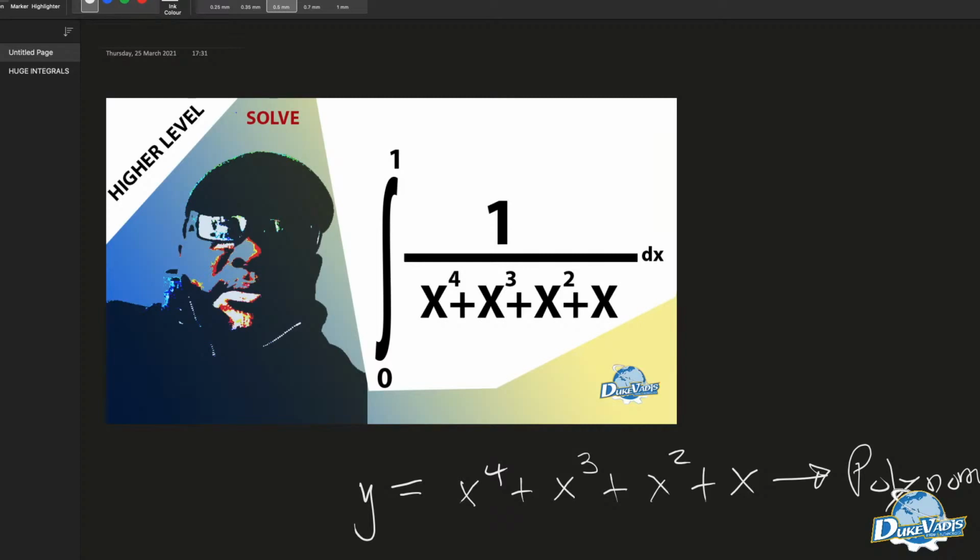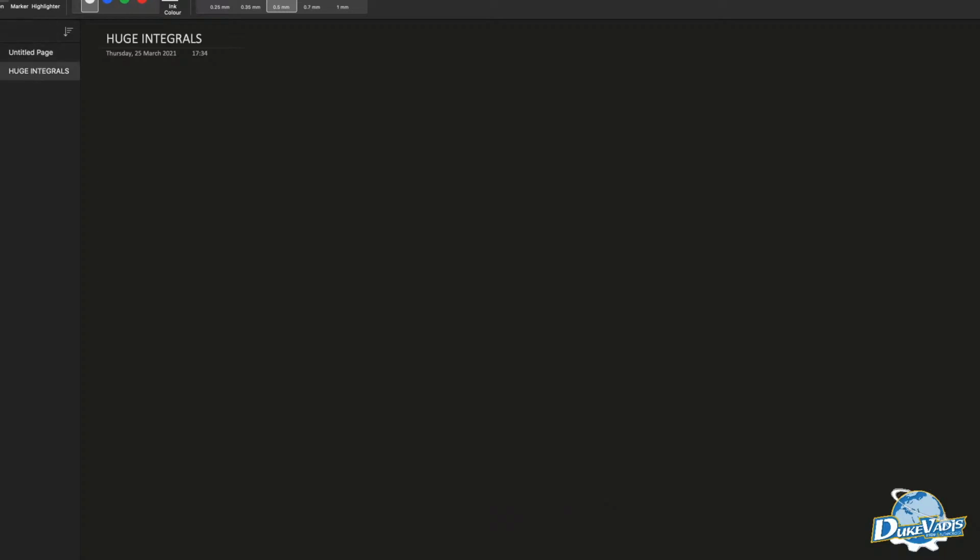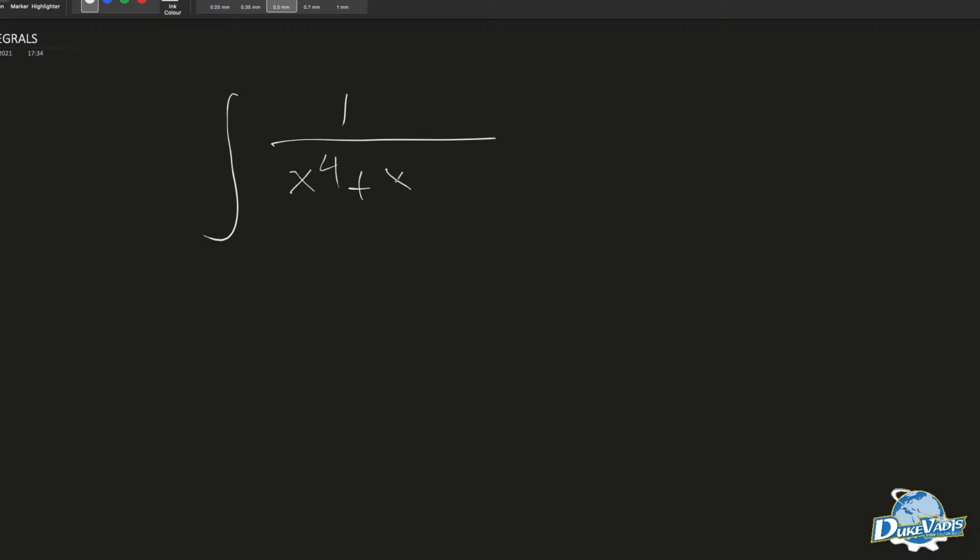Now let's set the ball rolling. The question says the integral of 1 over x to the power 4 plus x to the power 3 plus x to the power 2 plus x dx.